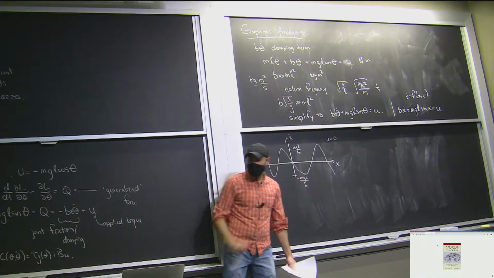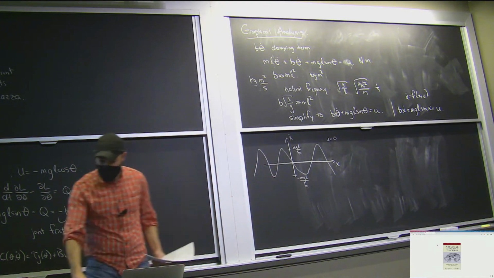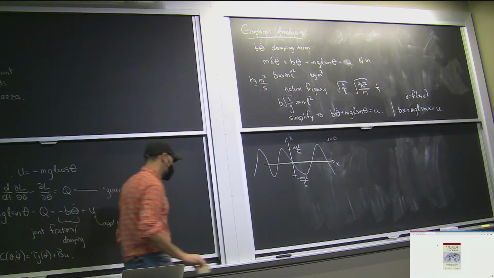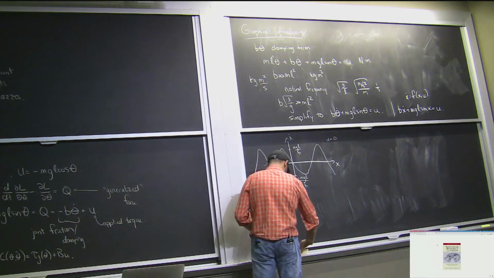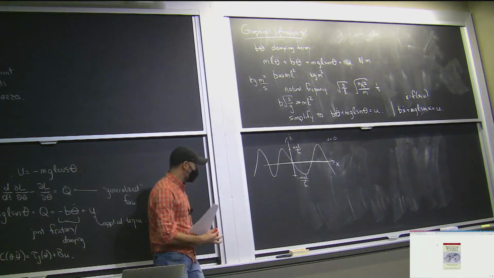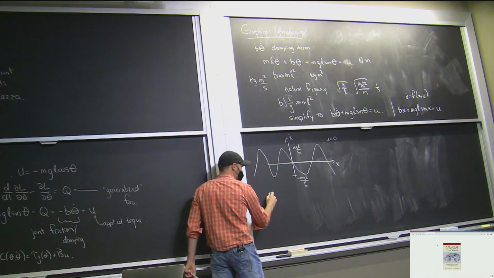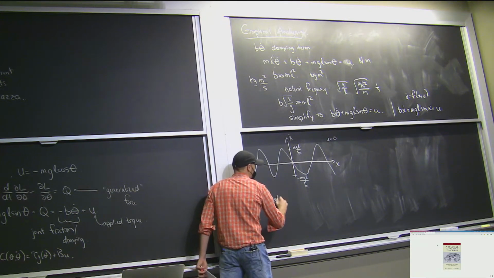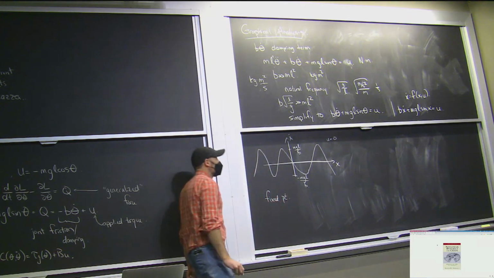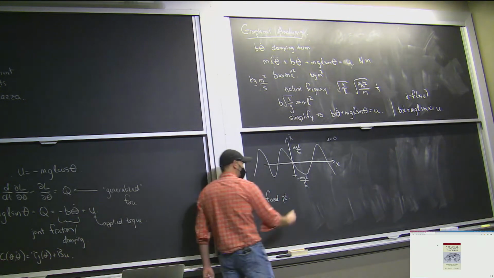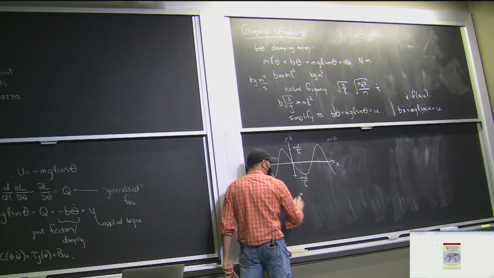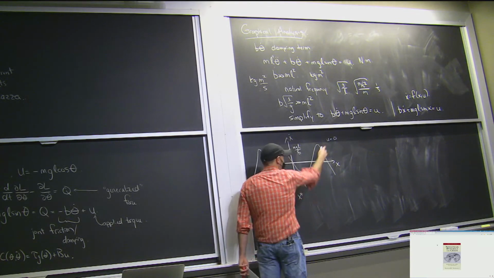Now we can very quickly introduce a lot of the lingo from nonlinear dynamics on this picture. One of the first bits of lingo you want here is the notion of a fixed point. For a fixed point x star, I'll even think about an autonomous system because I've set u to 0.